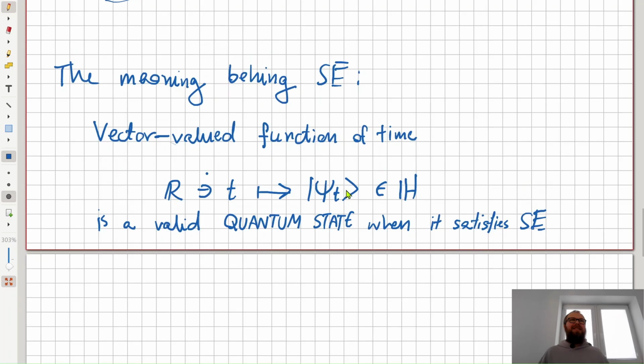So this is an implicit definition. It's not the Schrodinger equation, it's the solutions of the Schrodinger equation that are the thing you should be interested in. This is just a compact way to write down the constraints on the form of quantum states that are allowed to describe our system.